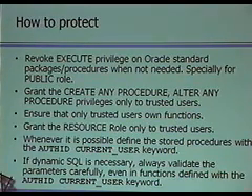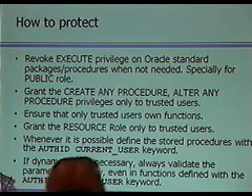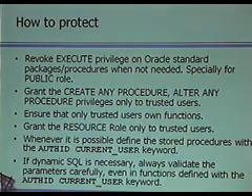Whenever it is possible, it is a good thing to define the stored procedures with the AUTHID CURRENT_USER keyword, that is, to execute the procedure with the privilege of the caller. It is not the default behavior when we create a procedure in Oracle.